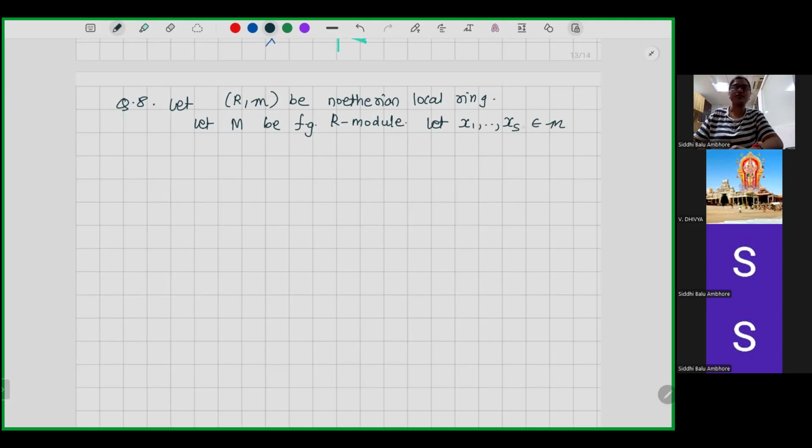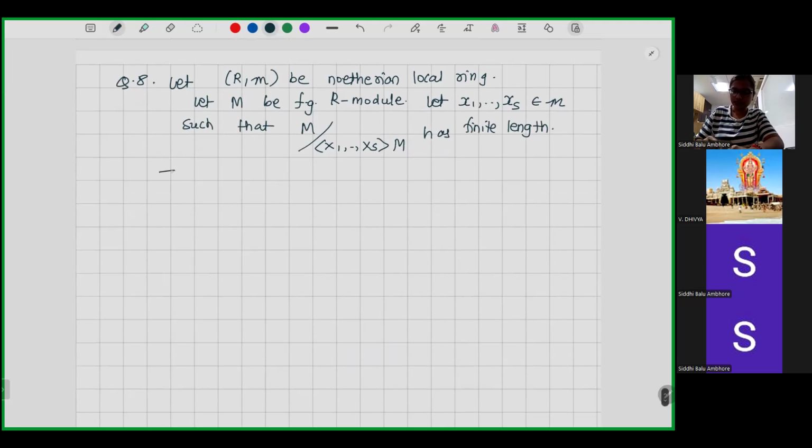So these x1 to xs are elements from the ring R in the maximal ideal of R, such that M quotiented by (x1 to xs)M has finite length. I hope you remember what finite length means.